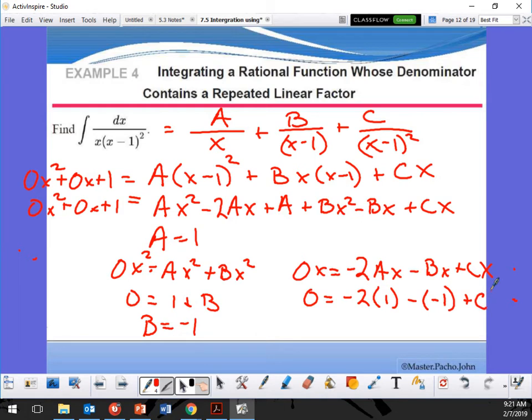Yep. So I'm taking out all the x's from both sides. So I have -2 plus 1, which gives me -1. So c equals +1.